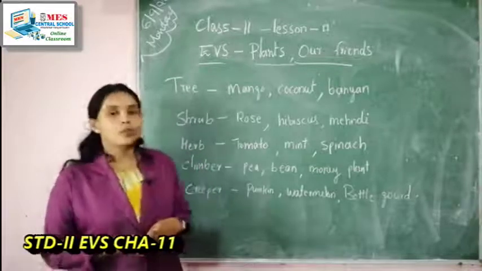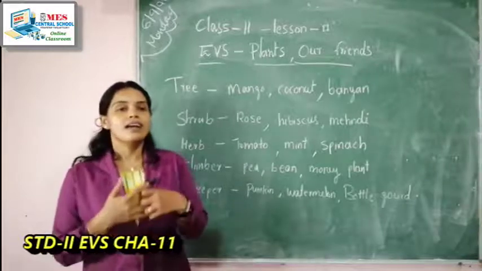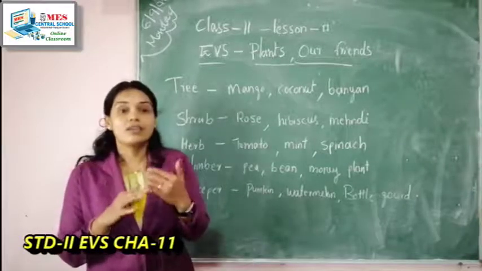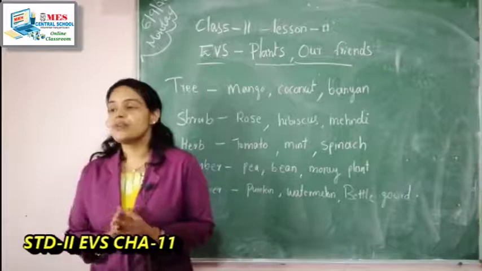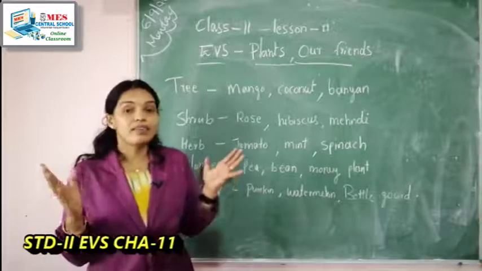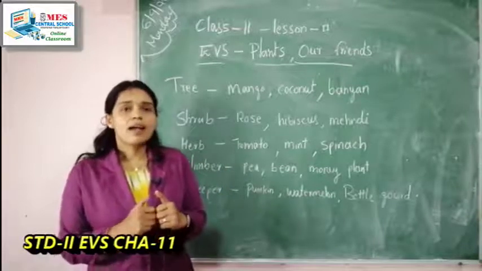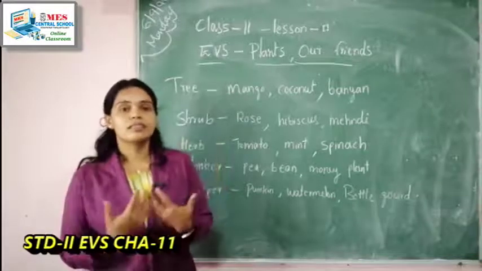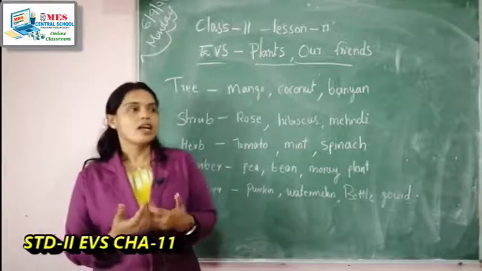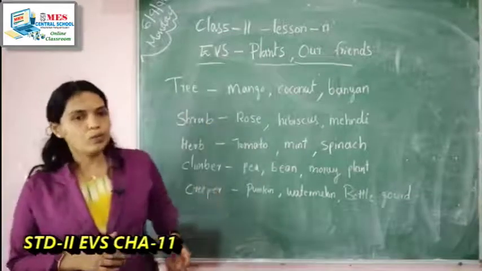In this lesson, first we have to discuss different kinds of plants. If you observe your surroundings, you can see different kinds of plants. Some plants are small, some are big and tall. So let's discuss the different kinds of plants.